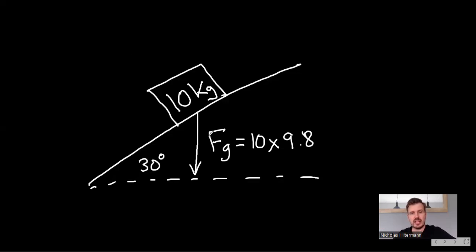So what's happening here is that Fg is being divided into two different forces. The one that's going down the slope, and the one that's going into the slope, parallel.